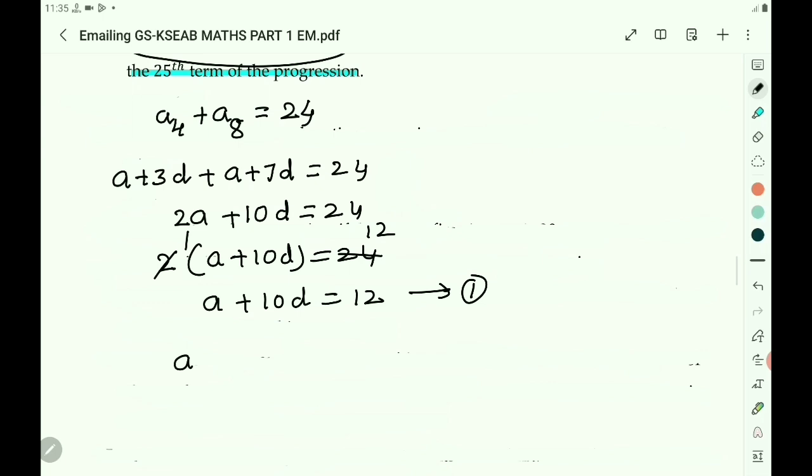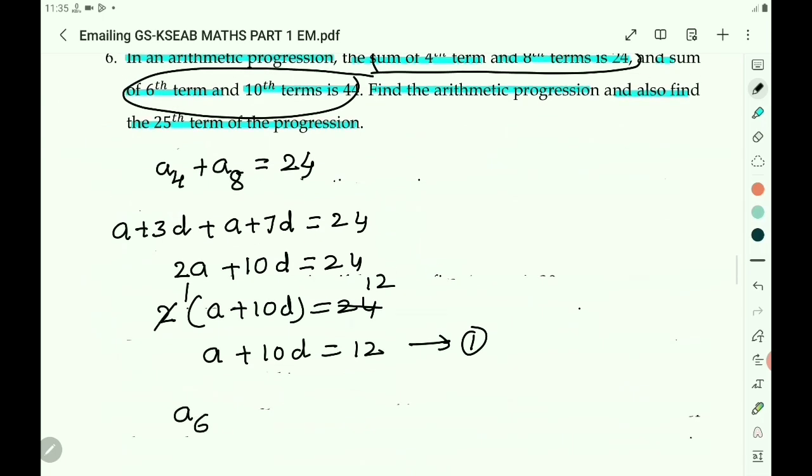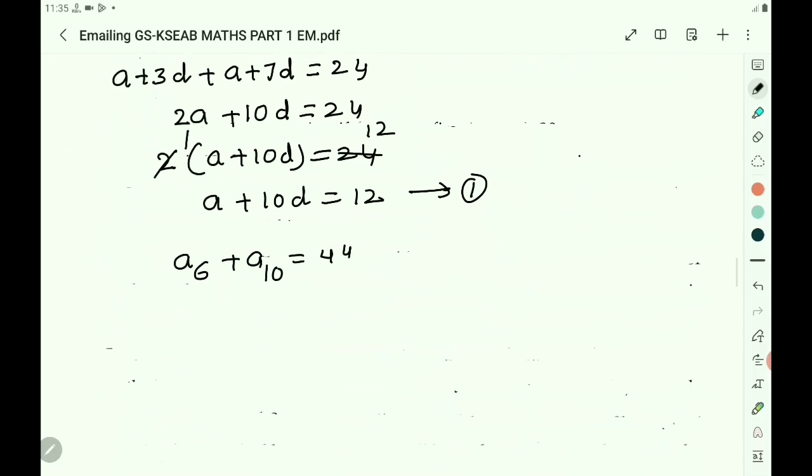That is a6 plus a10 equals 44. A6 is a plus 5d. A10 is a plus 9d equals 44.